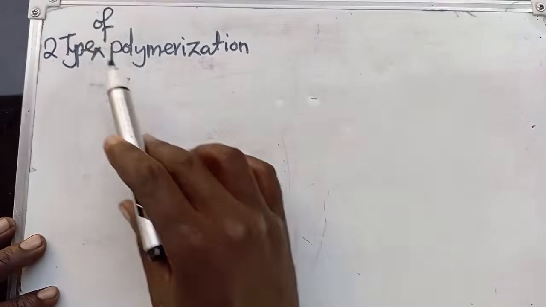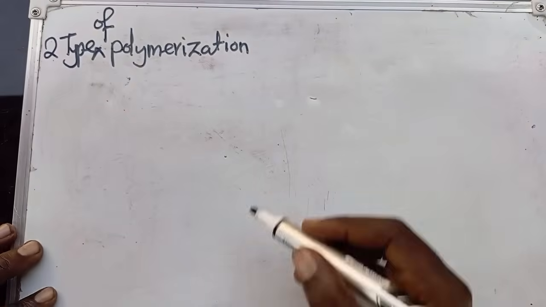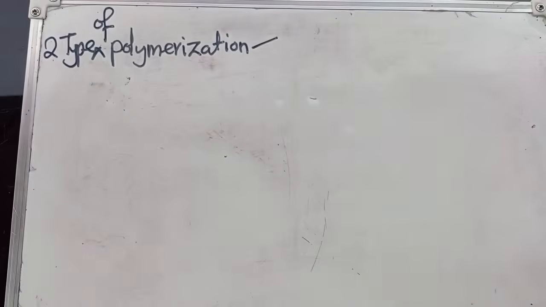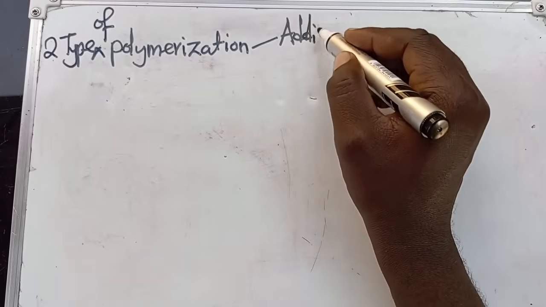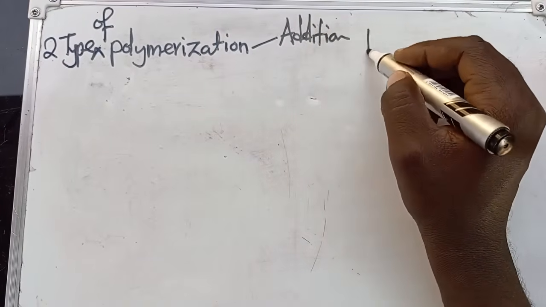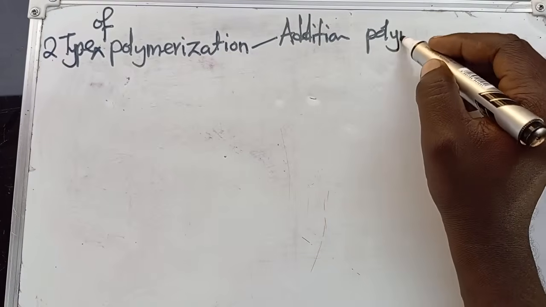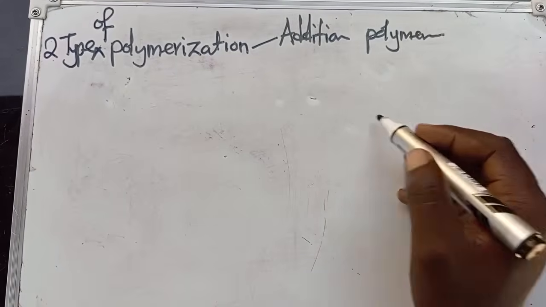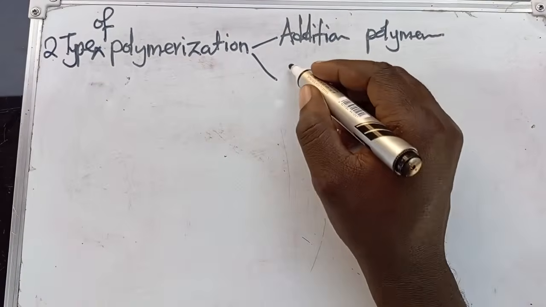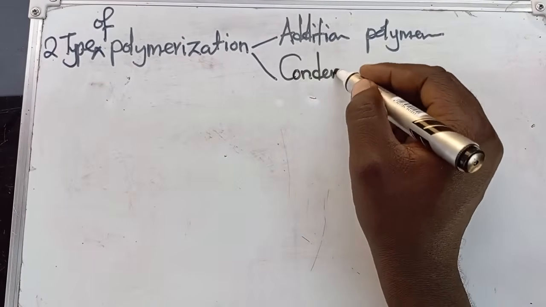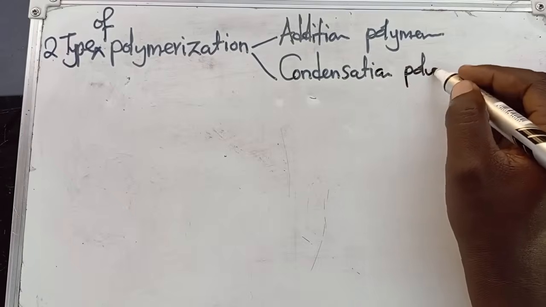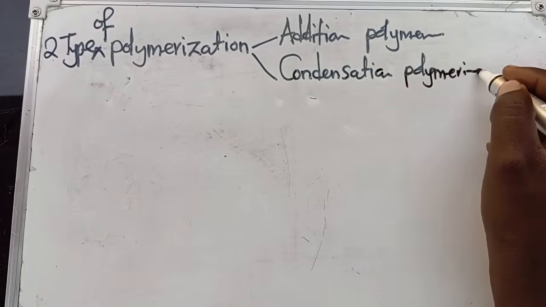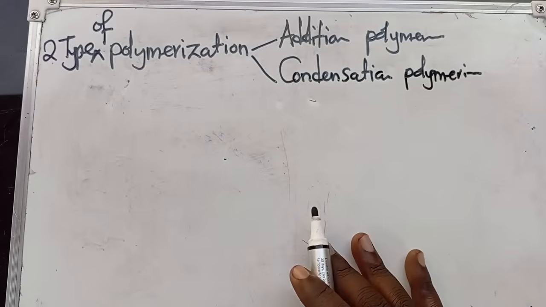You can write there: two types of polymerization, namely addition polymerization and also condensation polymerization. So these are two things that you need to know.